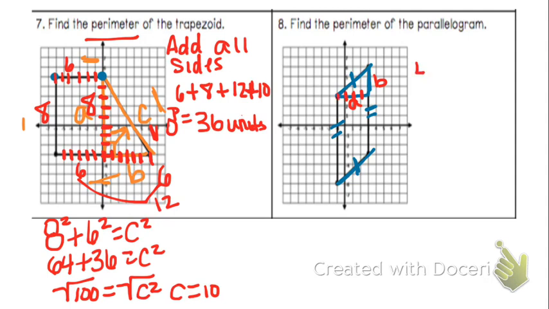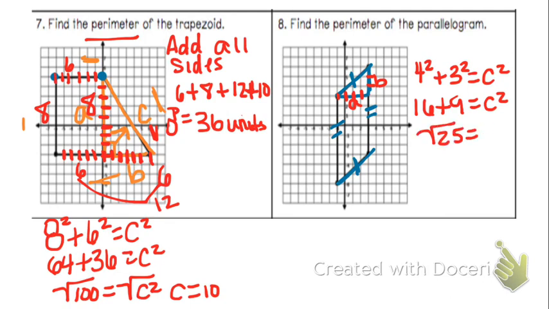So we have A is 4 squared plus B, which is 1, 2, 3, B is 3 squared, and that gives me C squared. Well, 16 plus 9, I'm going to add those together and get 25. And then the square root of 25 is 5. So now I know that this is 5 and this is 5.